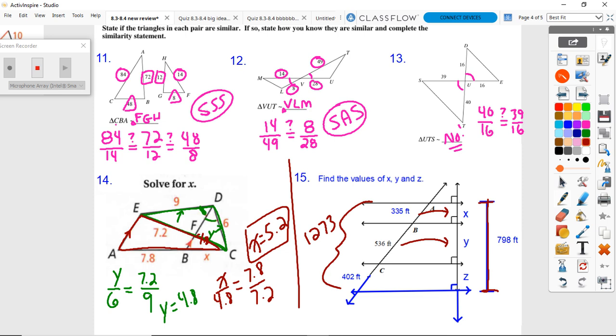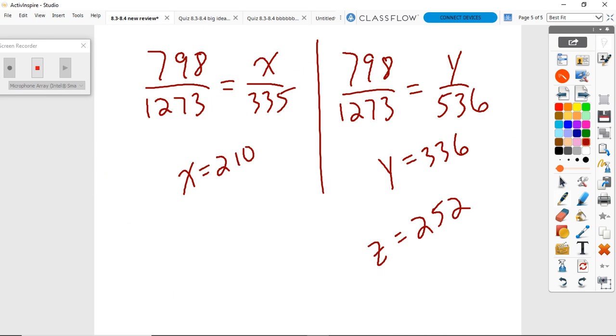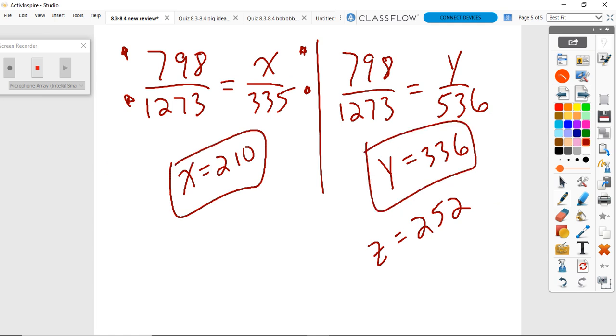I can say the whole entire thing is to this whole entire thing as each piece breaks down separately. Like the whole thing is to the whole thing as each little piece is to each little piece. So you can get the value of x, the value of y, and then subtract each of those off of 798 to get the value of z.